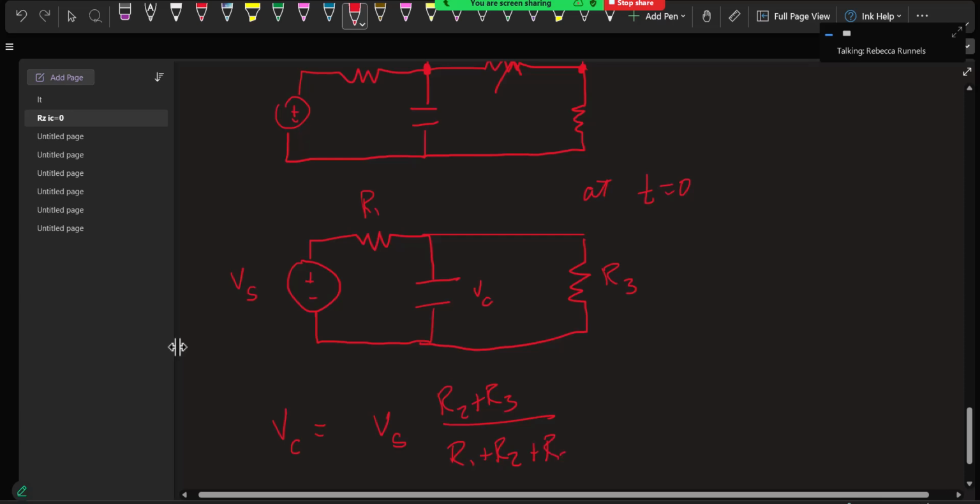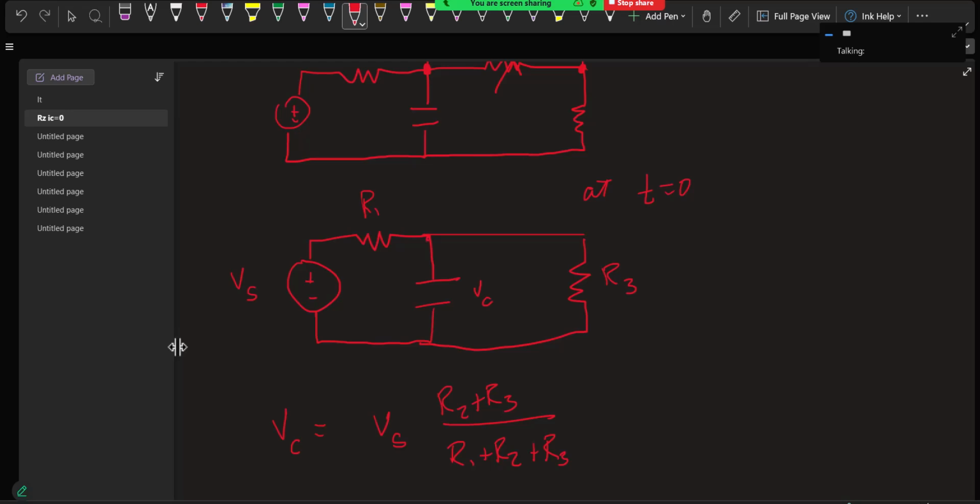That has to be its voltage. So we know what the voltage is here, and we know what the voltage is here.